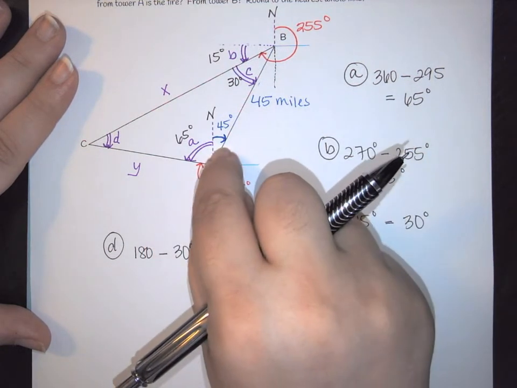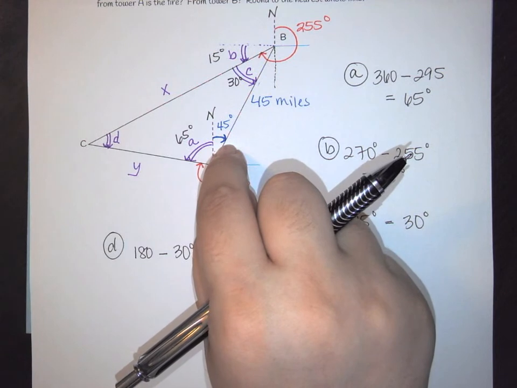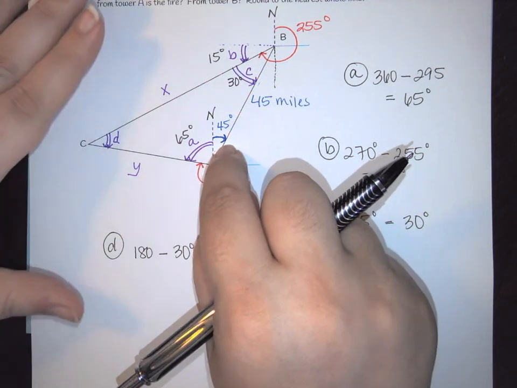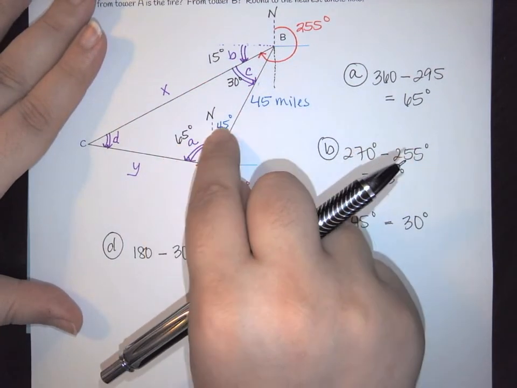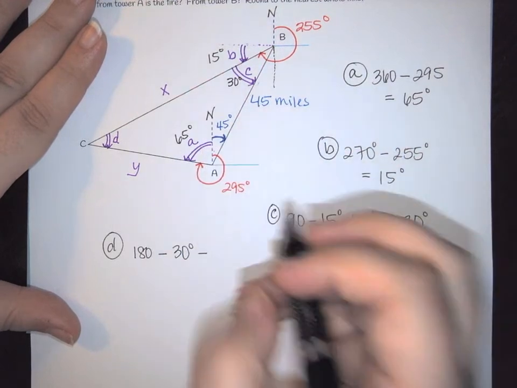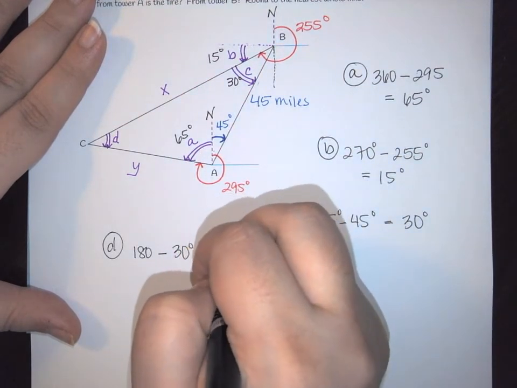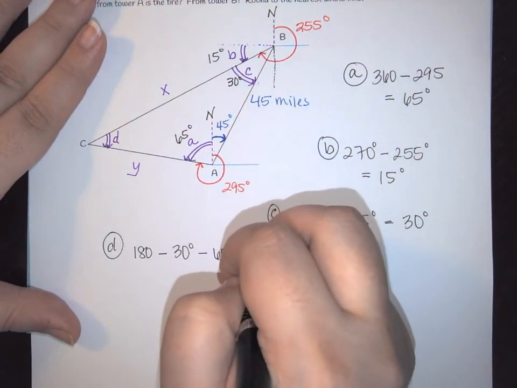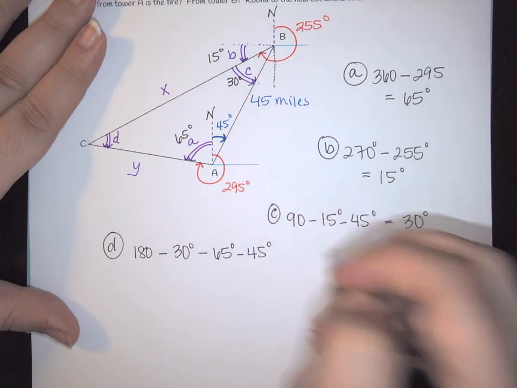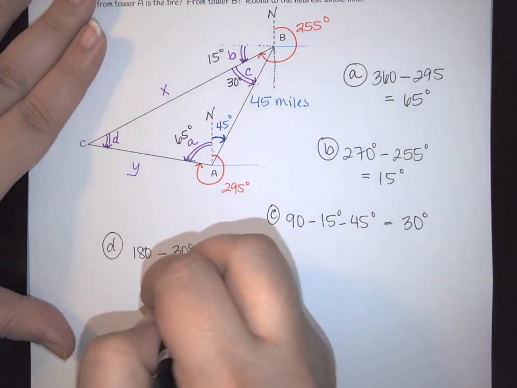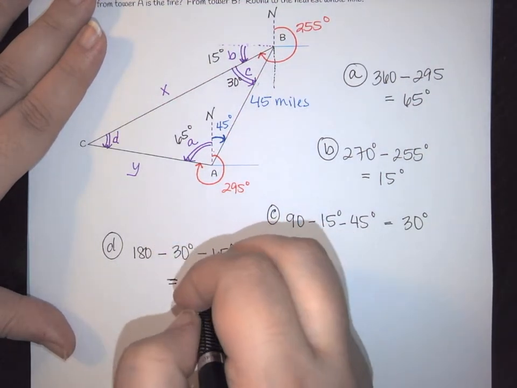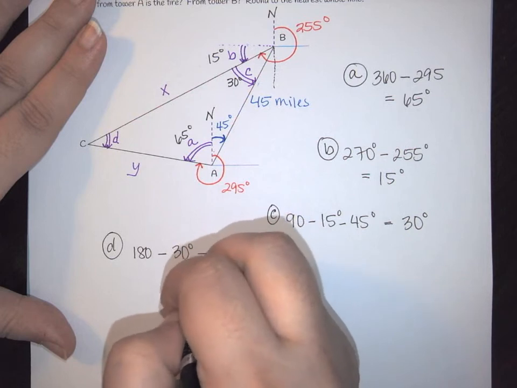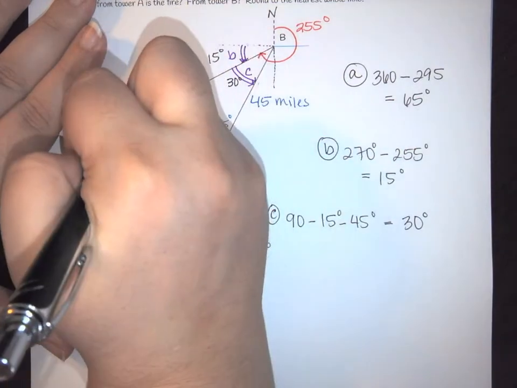But then I have to subtract out my angle A, and I know my angle A is made up of 65 plus 45. So I have to subtract out that 65 and that 45. That makes my angle D 40 degrees. So this is 40.